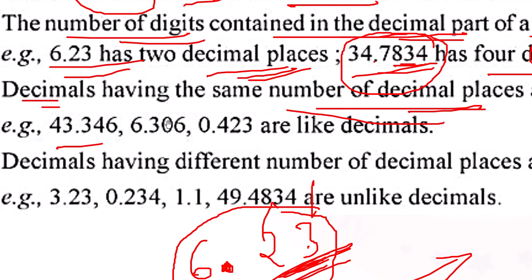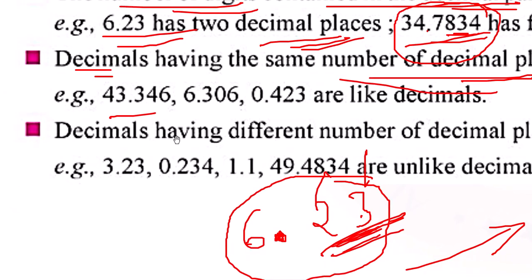Here 346, 306, 423, the decimal part may be different, but the number of decimal places, 3, 3, 3, is the same. So they are called like decimals.